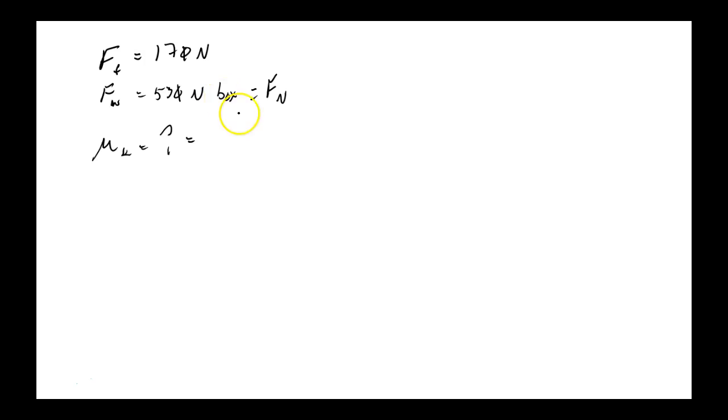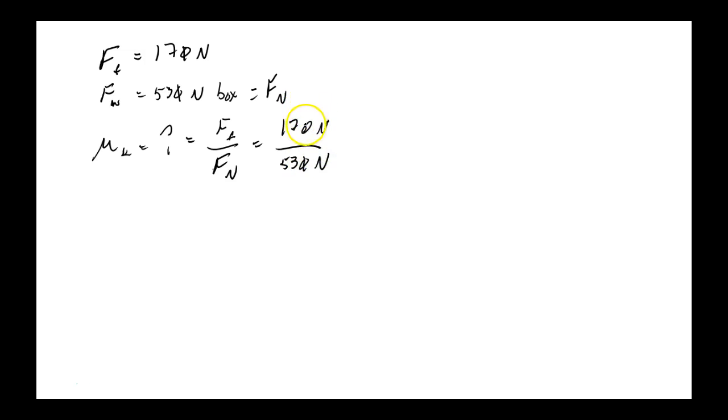Or any mu? It's going to be the 170 divided by 530. Okay, yeah, exactly. It's the frictional force divided by the normal force. That's the formula we used before, and this will be 170 newtons divided by 530 newtons.